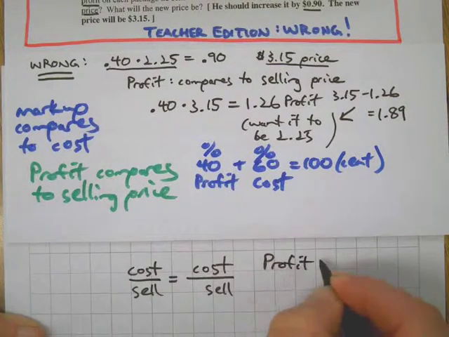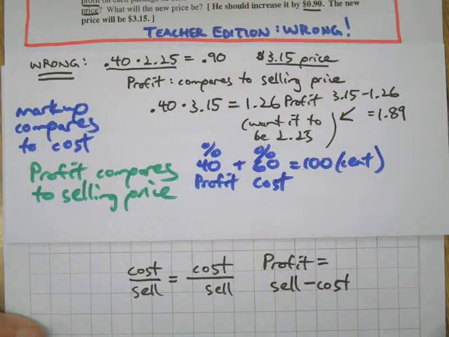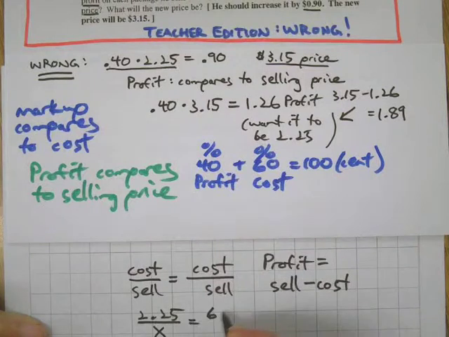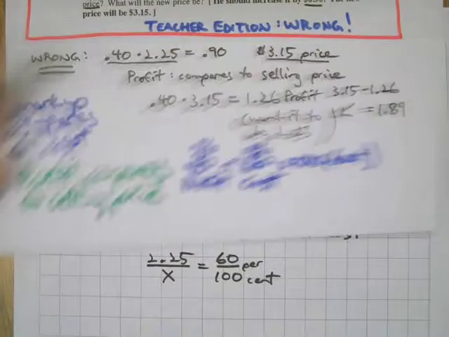Okay, profit equals selling price minus cost, okay, in both cases. So here we go. Our cost, $225. We don't know what the selling price is. The cost is 60% of the selling price, right? Because that means percent. There.